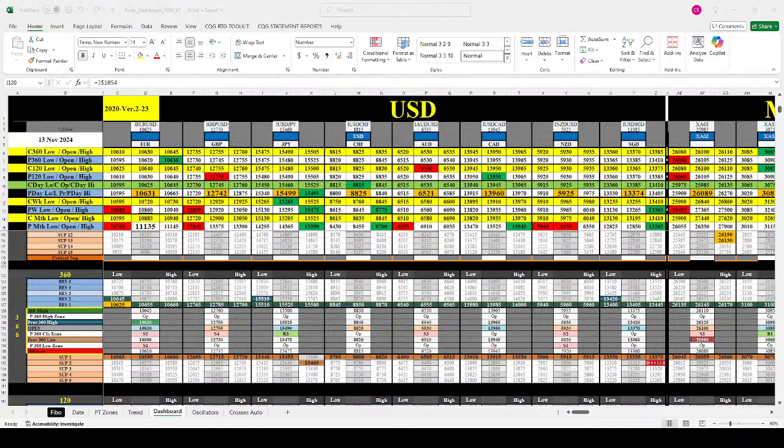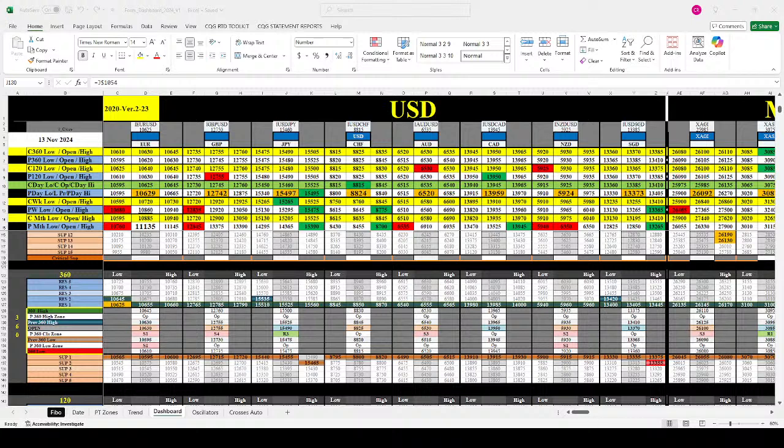Dollar yen, what we feel is we should be looking to buy, because dollar yen and pound are the two very weak crosses.